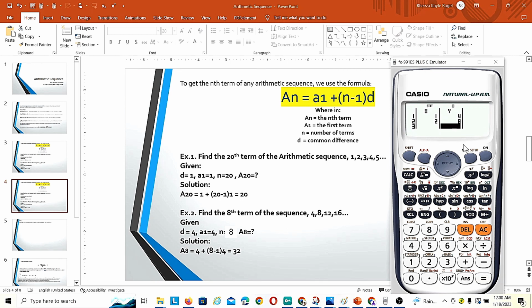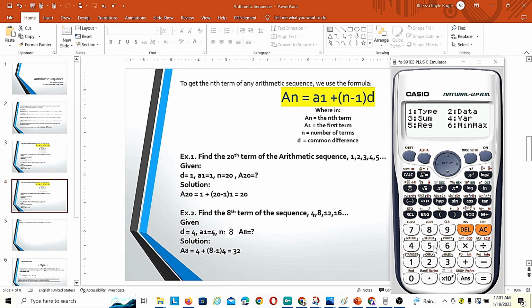This time, I'm showing you that even though we only inputted 2 values for x and y, this will still work out. Now we have inputted all our data, we can now press AC. And then Shift 1 for stat. And then again, we are only asked to find for the nth term.